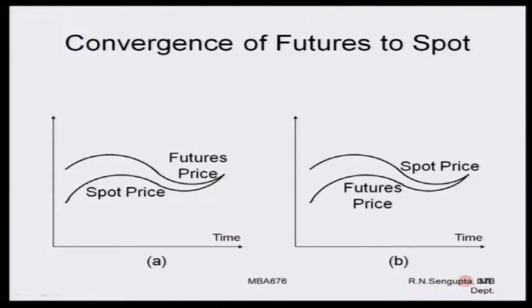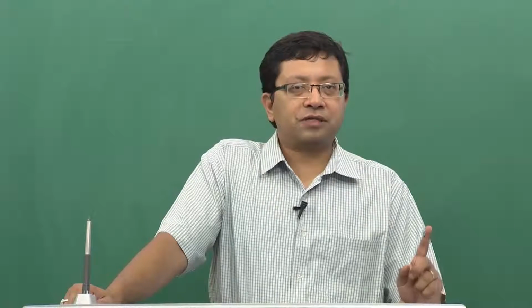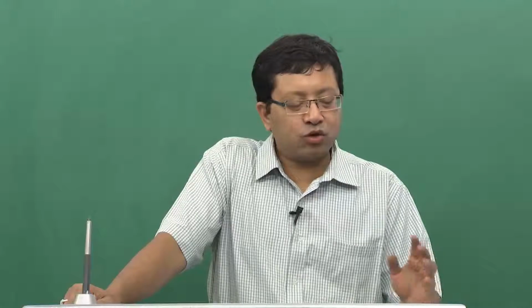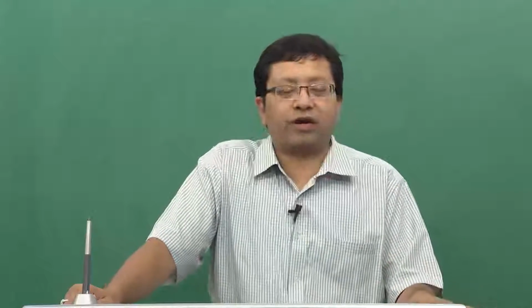So, we will now consider the convergence of futures to the spot. Now, if you remember, I discussed that whenever demand and supply is happening, there is a particular price at a quantity. So, this is the price and the quantity which I have discussed. Now, what you are considering in forwards, futures and options is something different, the reason being that there are two different ways you are trying to handle.